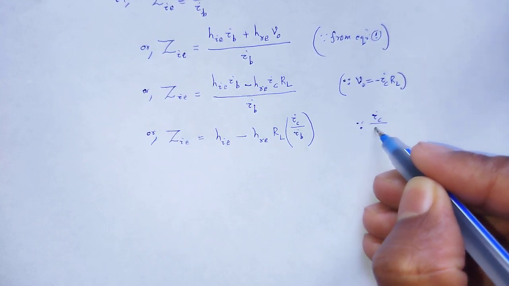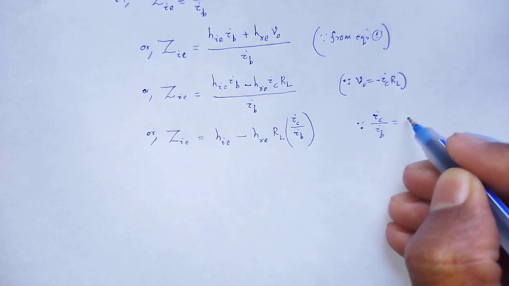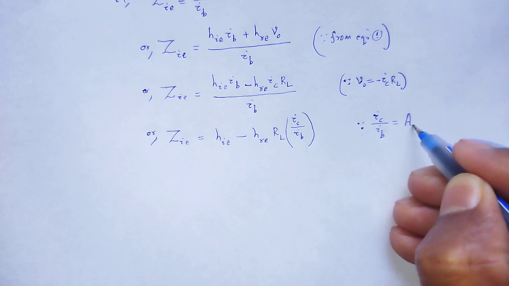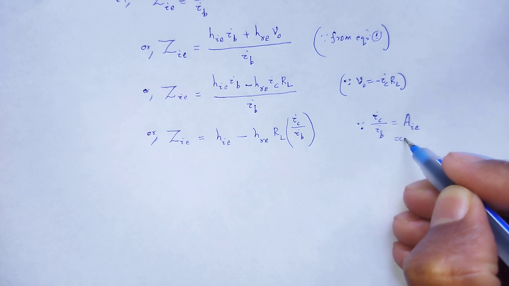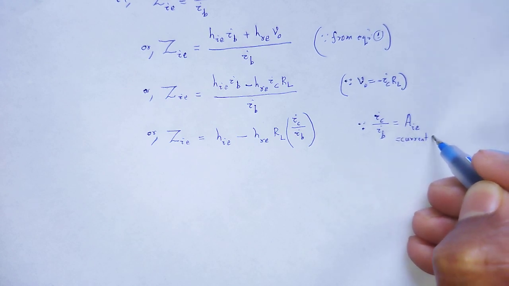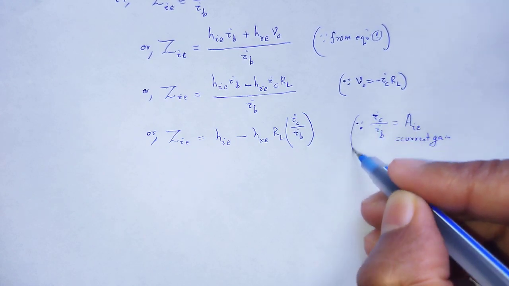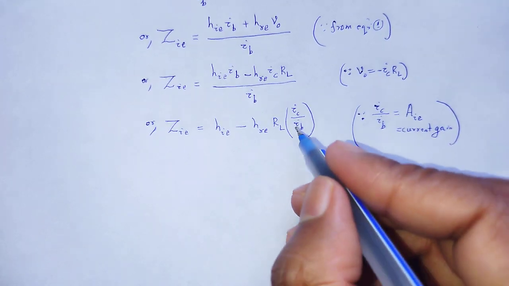IC by IB is equal to AI, current gain, that notation is used.